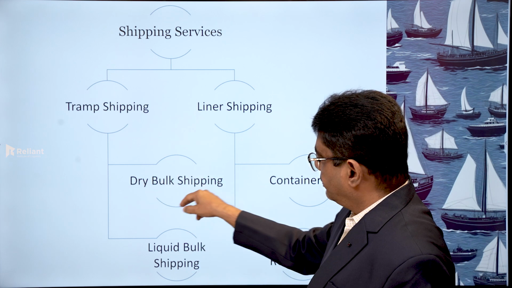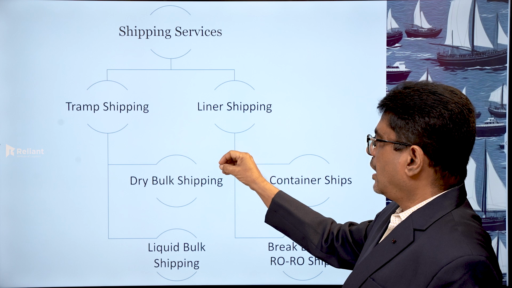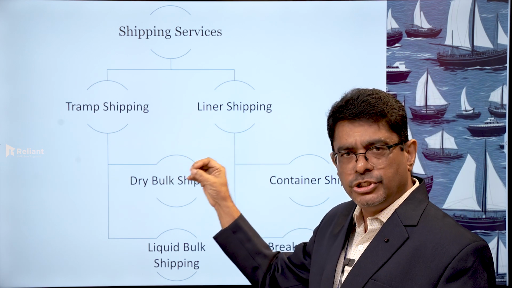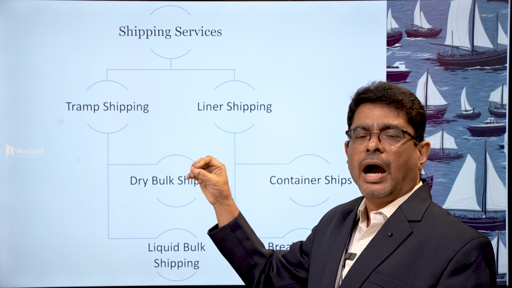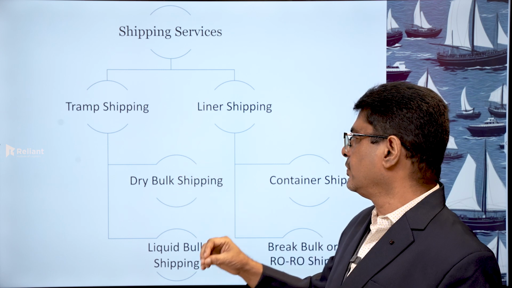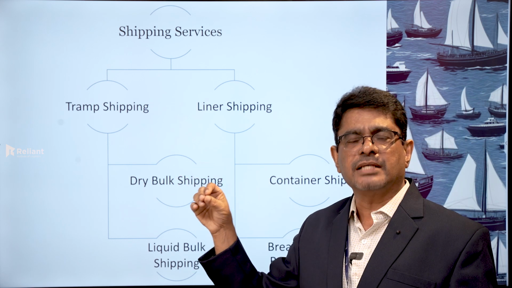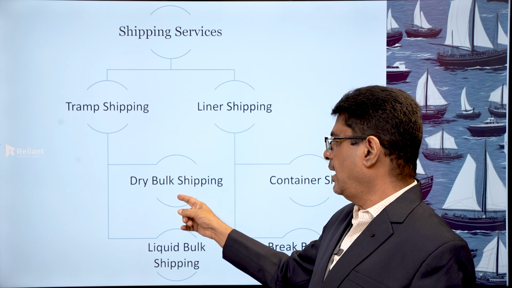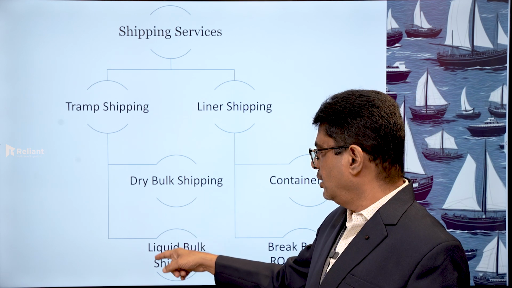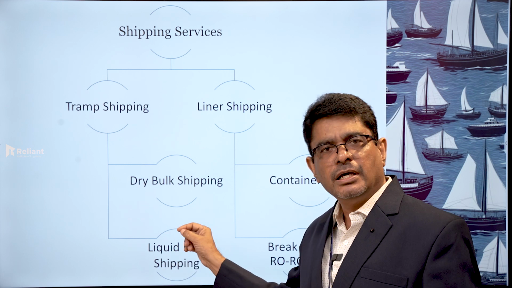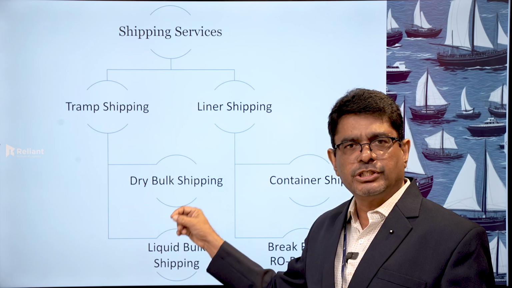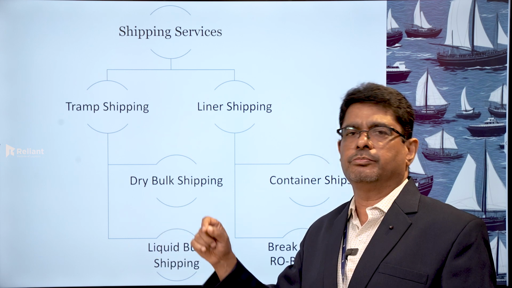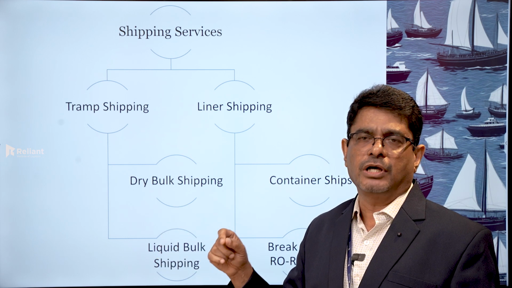In dry bulk shipping, most of the cargo are raw materials, bulk cargoes, homogeneous cargoes, unpacked cargoes, like fertilizers, iron ore, coal, grain, etc. And in the other category, we have liquid bulk shipping, that is tanker ships. Tanker ships carry all sorts of liquid cargo like crude oil, petroleum products, and other liquid cargoes.